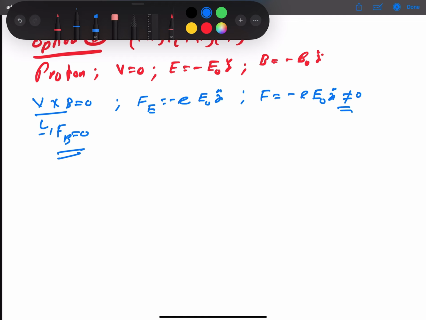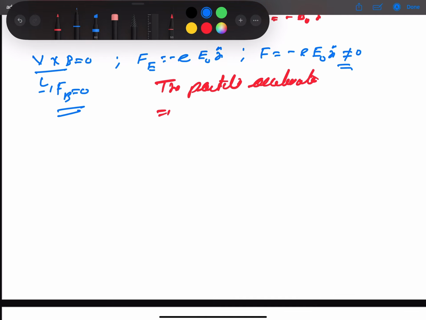Therefore the particle accelerates, therefore velocity is not constant.